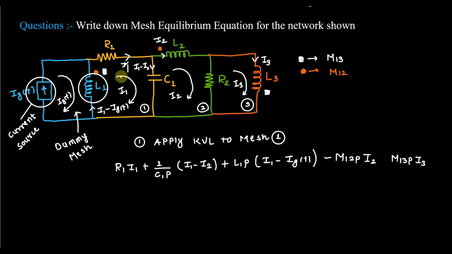Here the current is leaving and here the current is also leaving, with the dot at the last point of L3. Both currents are leaving, so it is plus. And that should be equal to 0. Why 0? Because there is no voltage source in the first mesh. In that way, we have written down the KVL equation.